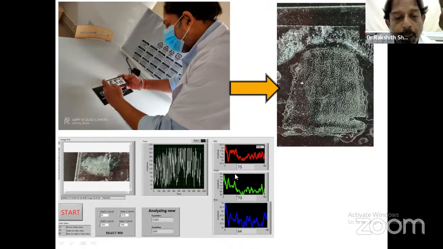The software calculates the red, blue, and green wavelengths and puts them into a graph. This graph is particular to an individual. We got two types of graphs for every individual.